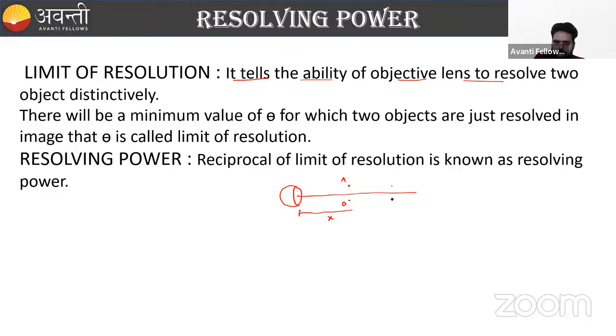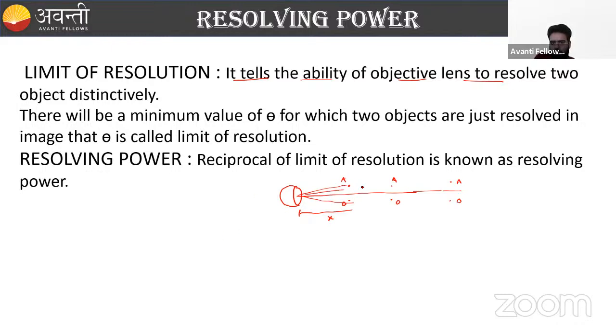If we increase the distance of AB from our eye, a condition must come after which we can't see a clear image. This depends upon the angle subtended by the object at our eye.